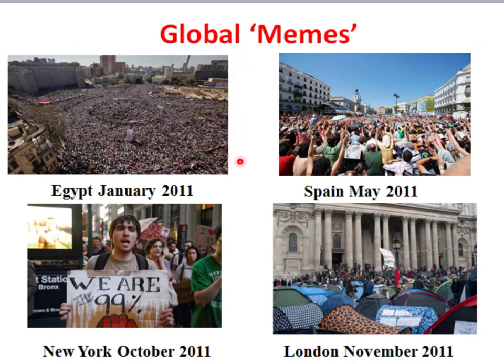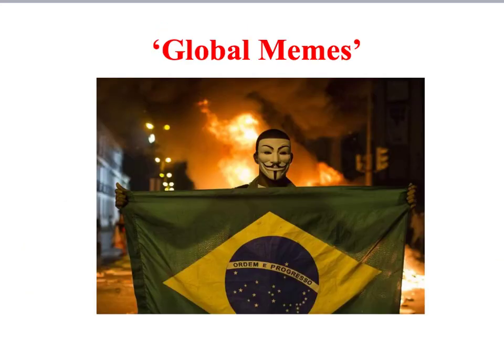So that style of protest then inspired protest movements in Europe, in America, and also in this country. And another meme that has spread via the global media in terms of political protest is the V for Vendetta Guy Fawkes mask, and we'll talk about the significance of this in class.